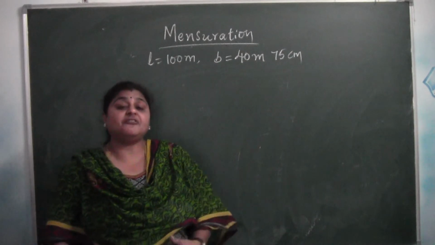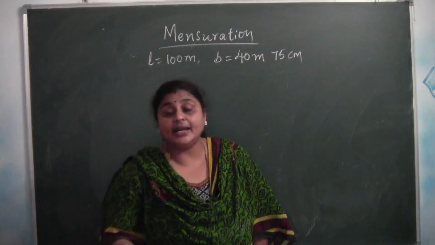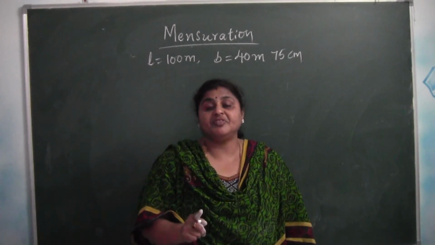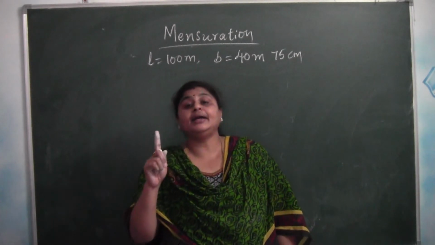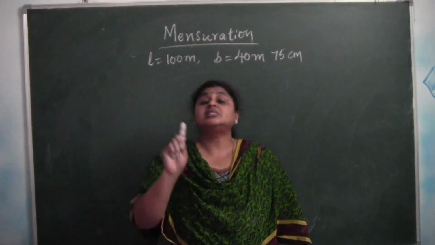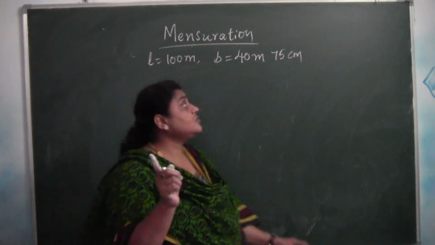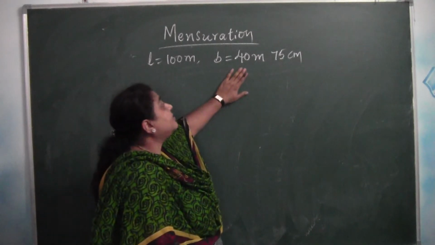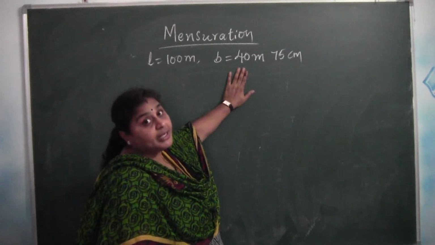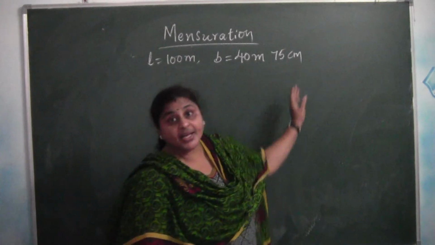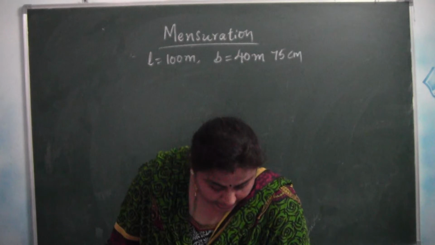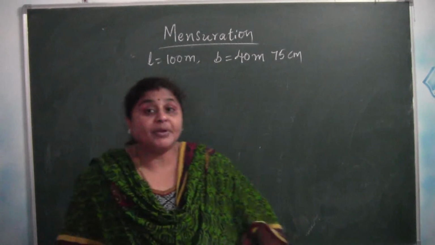Alright, now given length as 100 meters, breadth as 40 meters and 75 centimeters. So what did I say before calculating perimeter or area? First check whether length and breadth are of the same units. Now see, length is in terms of 100 meters. Breadth is in terms of 40 meters and 75 centimeters. Then check into your question. The rate of 23 rupees per meter.